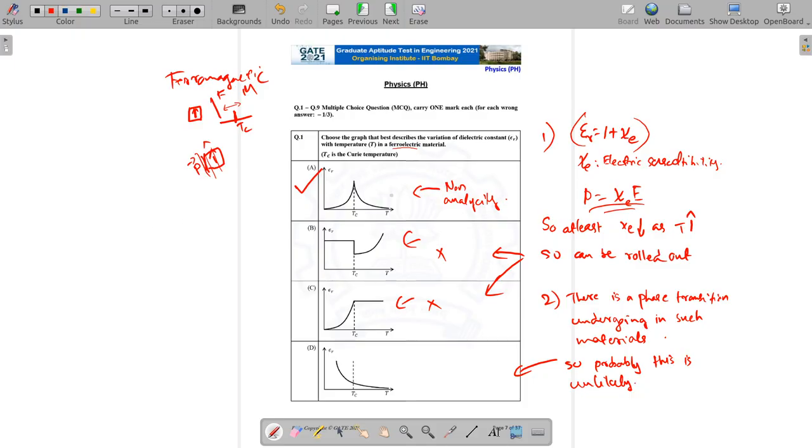So you can confidently go with option A. I'm just trying to show that whatever information you have, you can somehow combine to get to the options, even if you don't know exactly the right answer. Okay, so that's it.